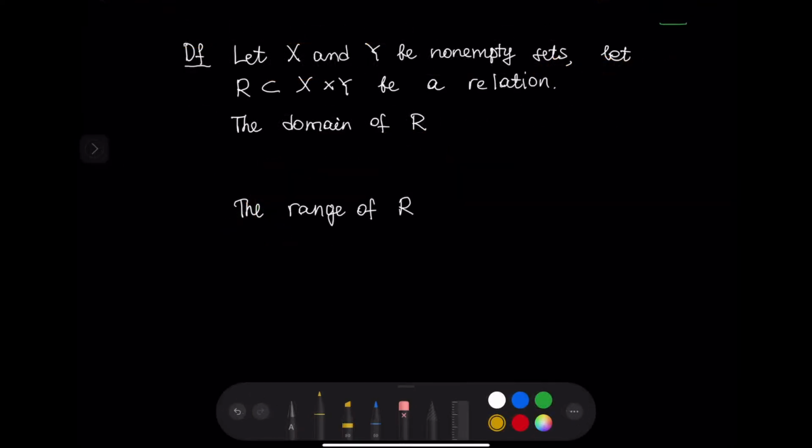So now let us define the domain and the range of a relation. As before, let X and Y be non-empty sets. Let R, a subset of the Cartesian product X cross Y, be a relation.